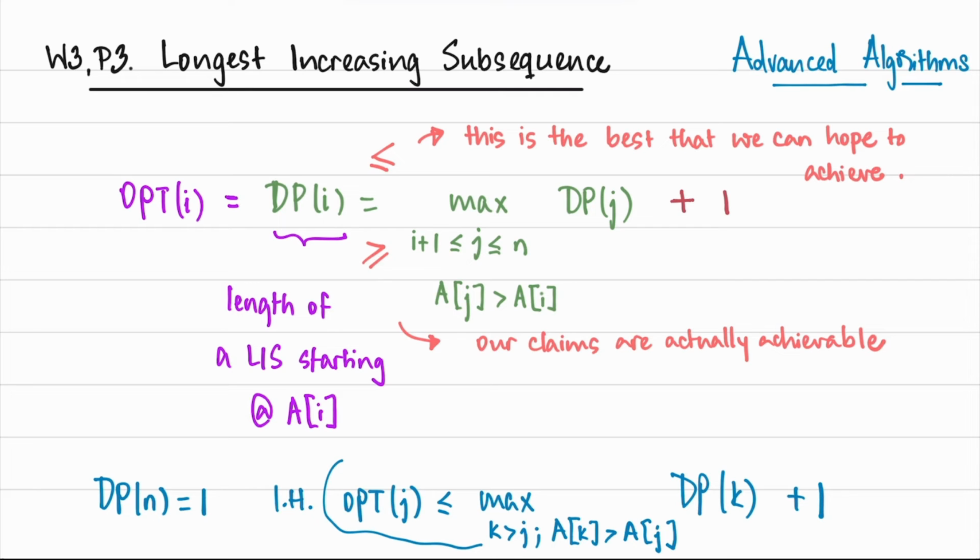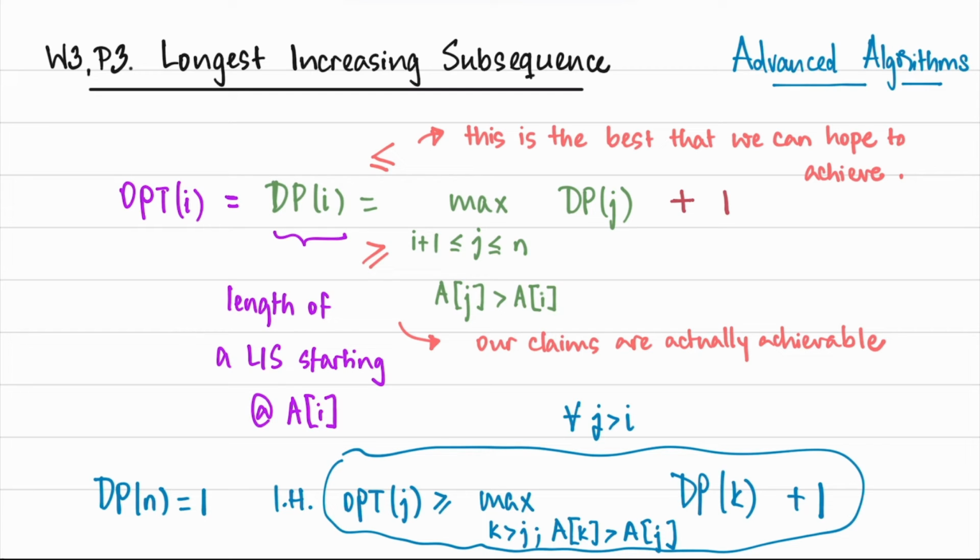And so the induction hypothesis is basically saying that this inequality, sorry, I think I wanted to claim the lower bound, so let me change this. This inequality holds for all j that is bigger than I, right? This is going to be our induction hypothesis, and the induction claim is going to be what is written on top, which is that opt of I is at least this inequality. And we want to, of course, leverage the induction hypothesis to show this.